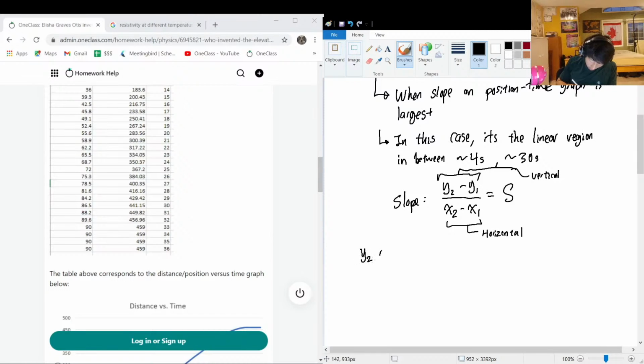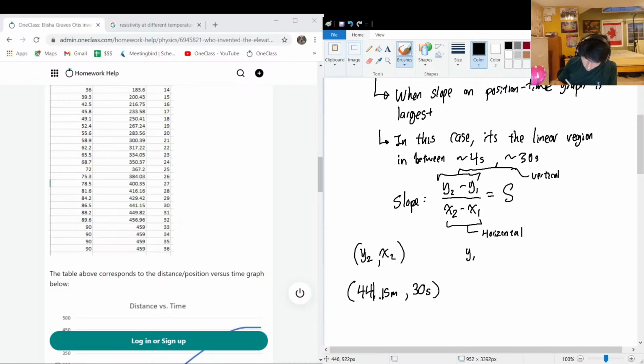So y2, x2. y2 at 30 seconds is 441.15 meters. 441.15 meters, and that's at 30 seconds.